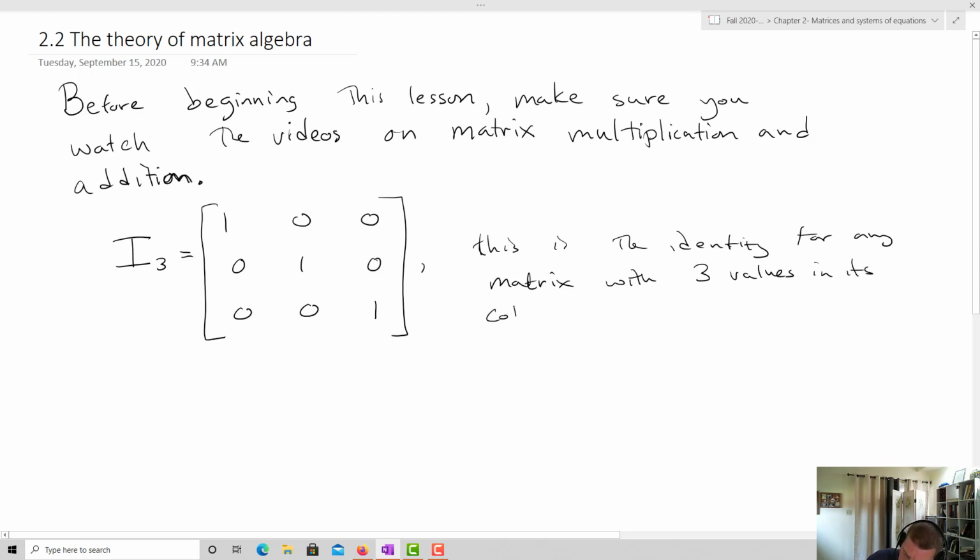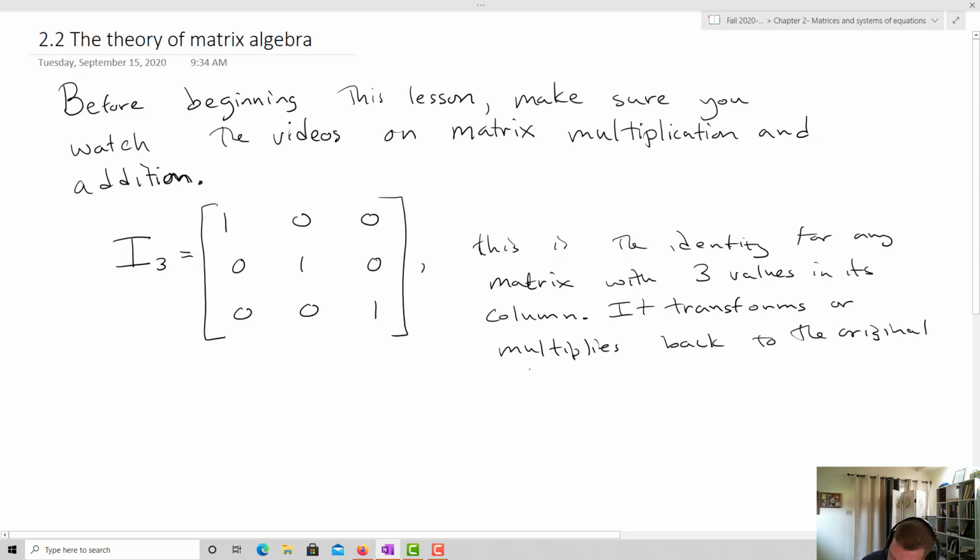We're going to see in a minute why it's got to be 3 values inside of the column. It multiplies back to the original matrix. So let's see what that looks like.